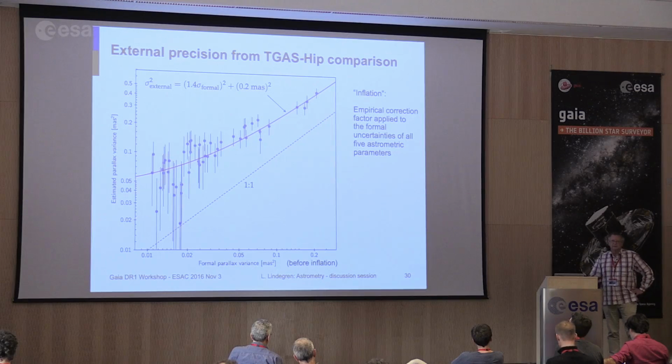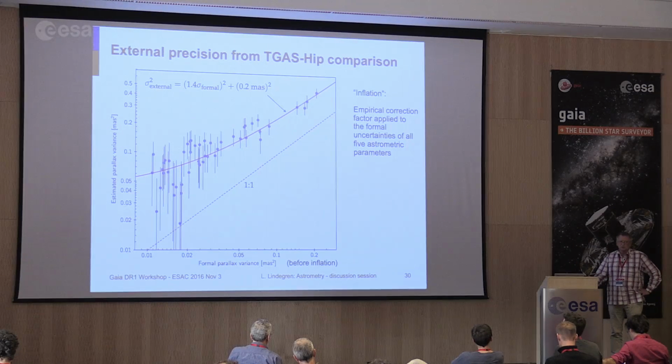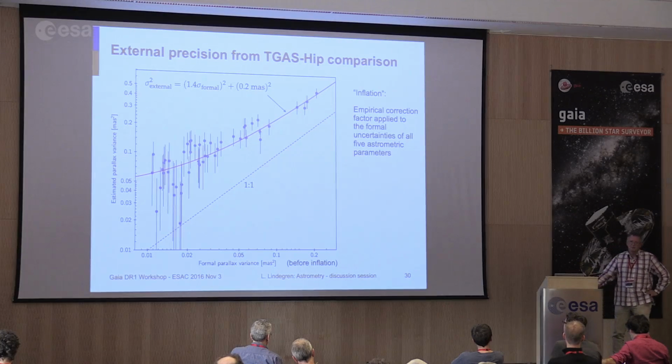And that means that I think it would be wrong to add an additional 0.3 milliarcsecond RMS to them. And that would make the situation with the Cepheids even much worse, of course, as you pointed out.